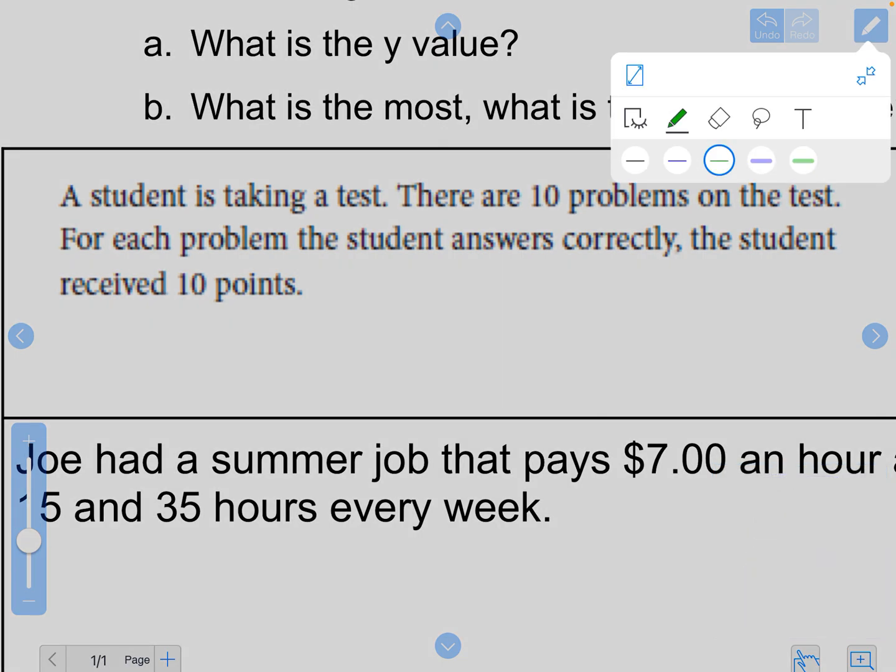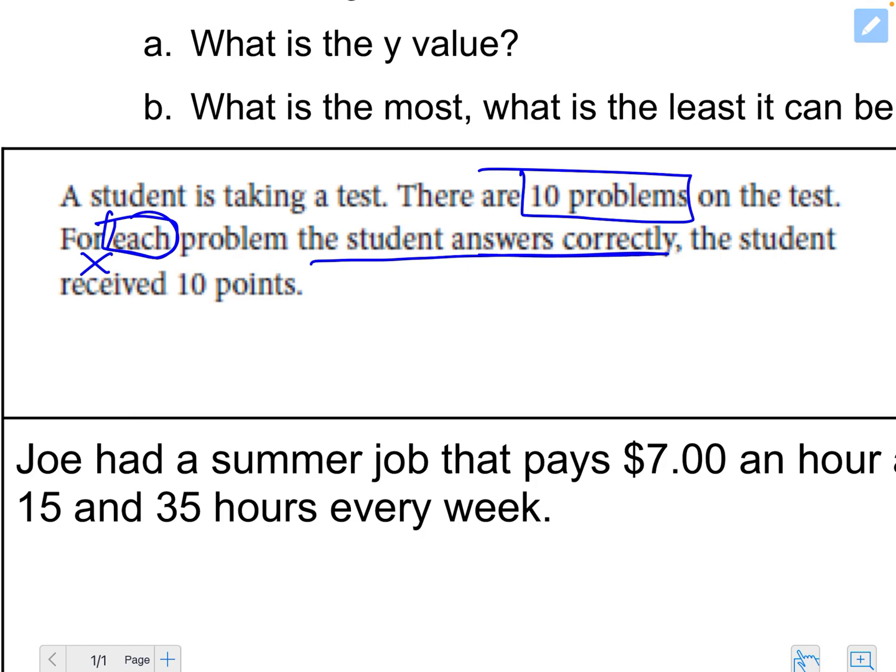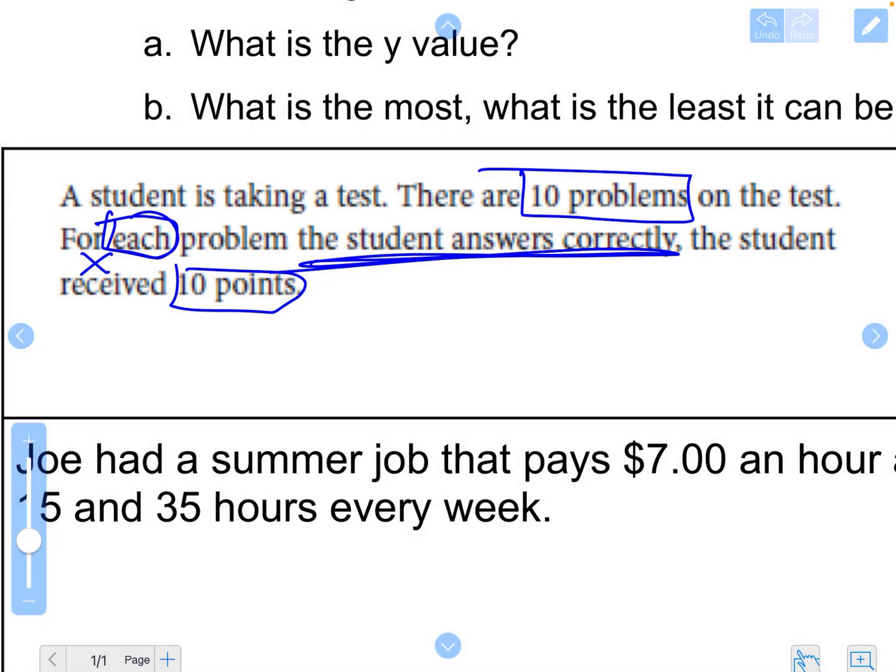So a student is taking a test. There are 10 problems on the test. For each problem, so there's my each, that's my keyword. This is going to be my x variable. So for each problem, the student answers correctly. The student received 10 points. So the first thing I need to do is I need to write an equation.